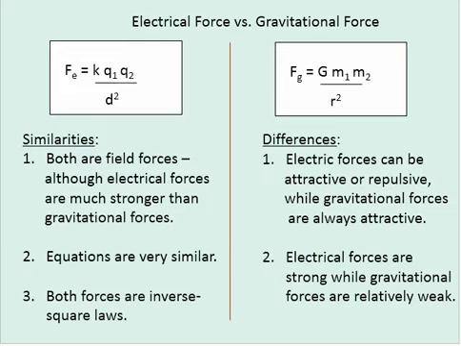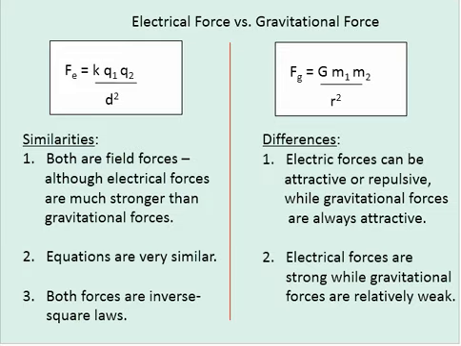The electrical force is based on the charges of the objects. The gravitational force is based on the mass of the objects. And they both are those inverse square laws, meaning that as the objects get further apart, either the electrical force or the gravitational force, whichever you're looking at, decreases proportional to the square of the distance between them.